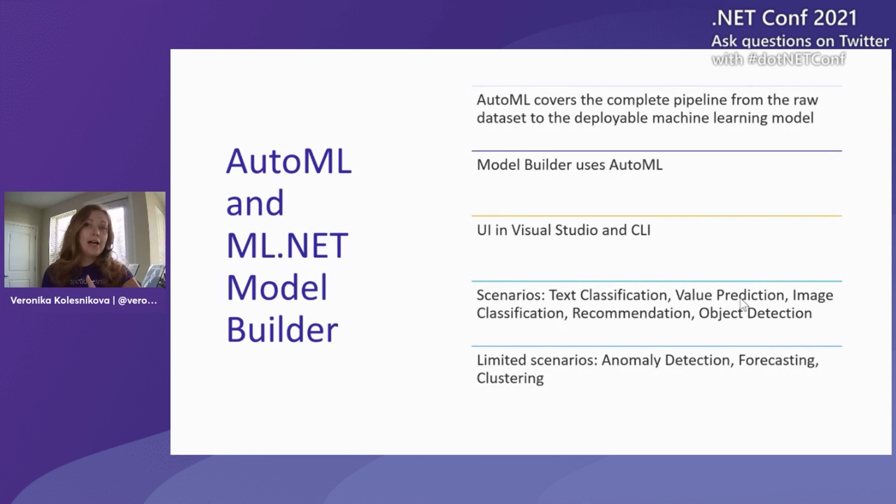AutoML covers the complete pipeline from the raw data set to the deployable machine learning model. And I think the cool part there is that you don't have to choose the correct model type for your data.